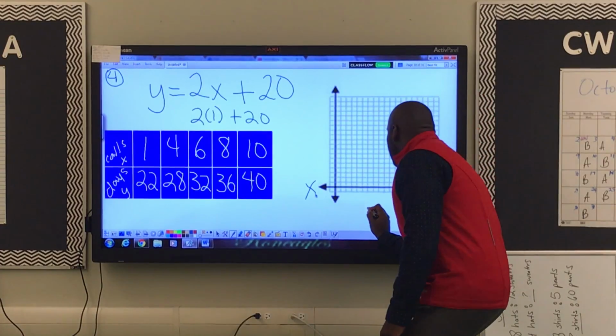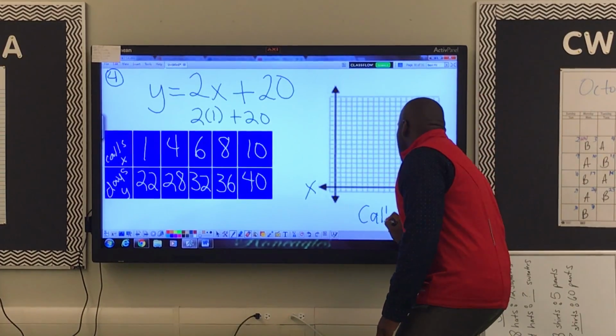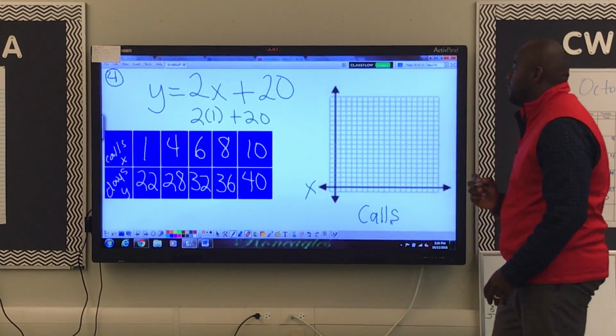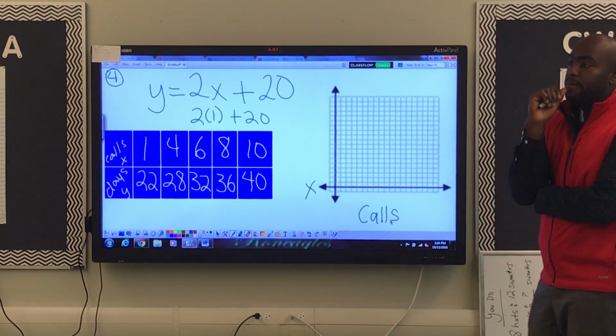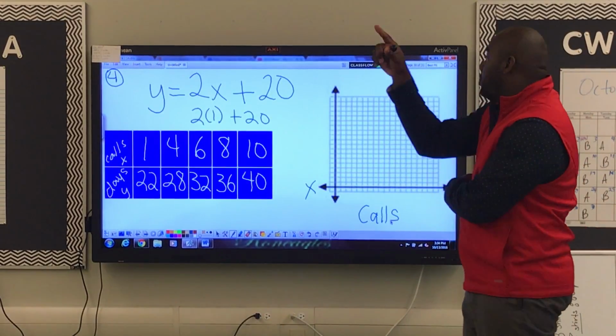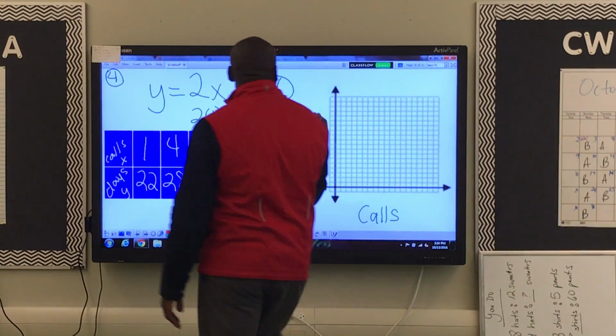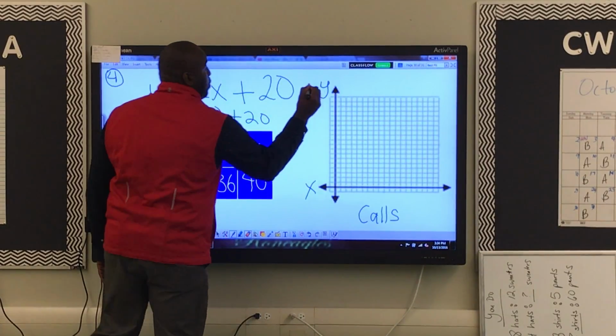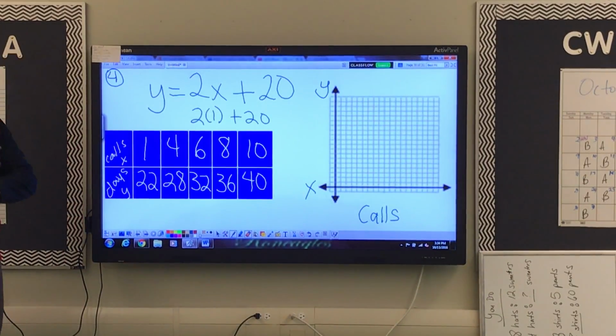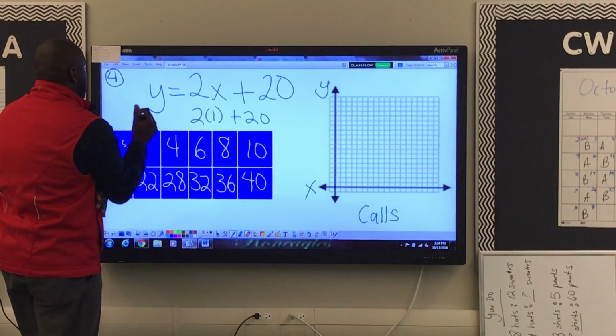So we're going to write cost. Then that must mean our vertical axis is our y variable. Now we're ready to graph. We're going to graph these points.